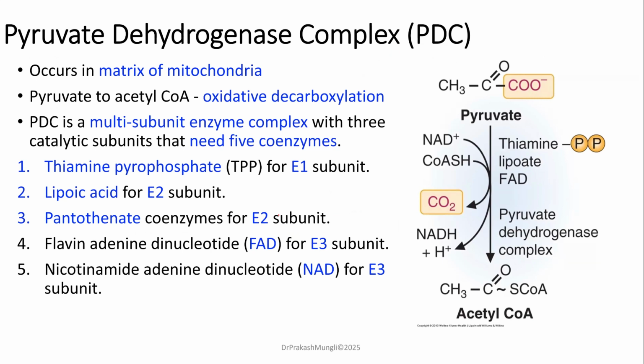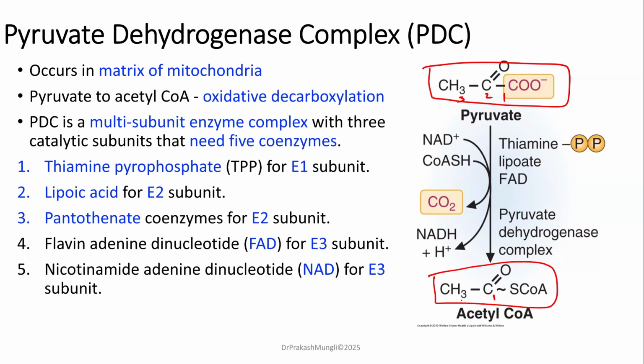PDC simply oxidizes pyruvate, which is a 3-carbon molecule, into acetyl-CoA, which is a 2-carbon molecule. As you see here, look at the figure. All of you pay attention to this figure and count the number of carbons in pyruvate. We have number 1, number 2, number 3. And look at acetyl-CoA down here in the product.